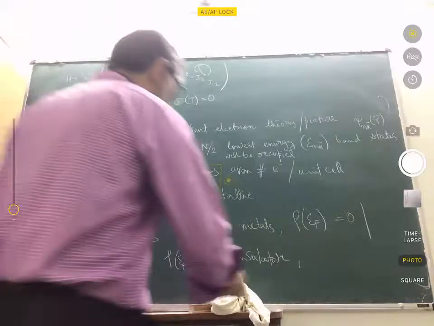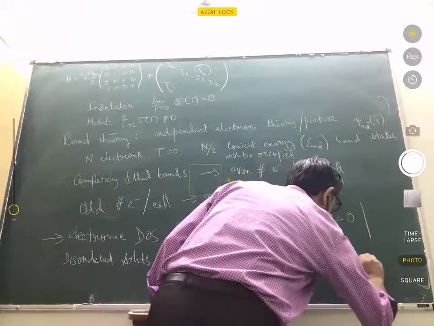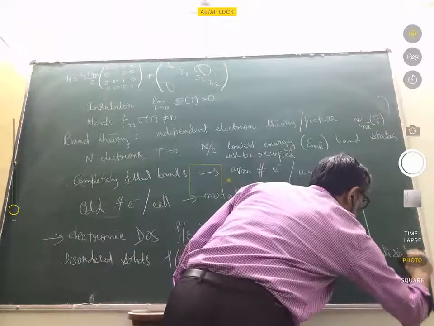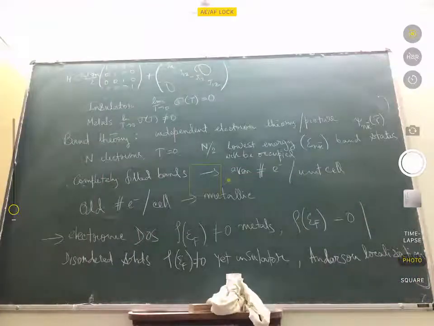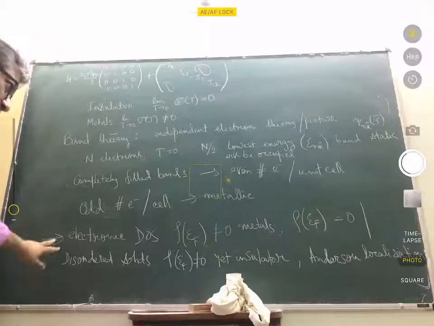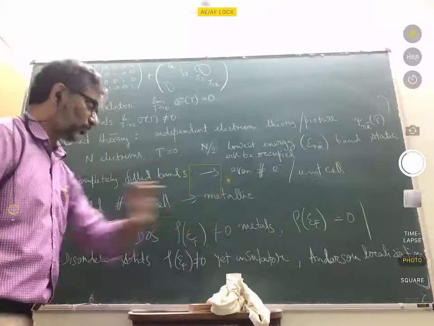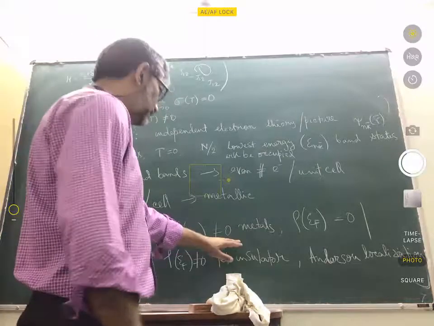This is called localization, and there is rich physics related to that. Okay, fine, I'll leave it at that. We're not getting into Anderson localization, but we are saying that in a periodic potential, a finite density of states at the Fermi energy gives metals, and 0 gives insulators.